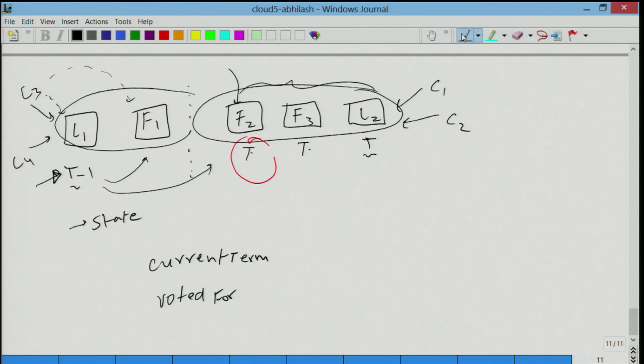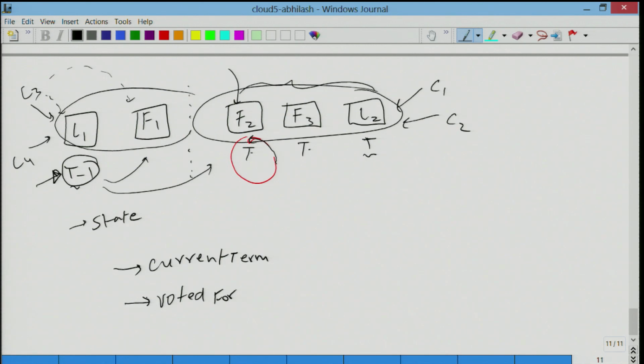So this follower had given votes for term t, and then it restarts. If this was in memory, then it forgot that the term was t. And then when it sees an append entries request from an old leader, it will say, okay, I have appended your entry, and that will be a disaster, right?